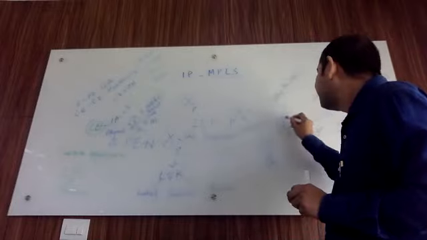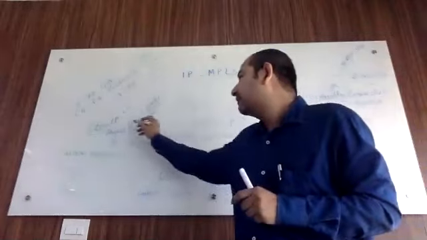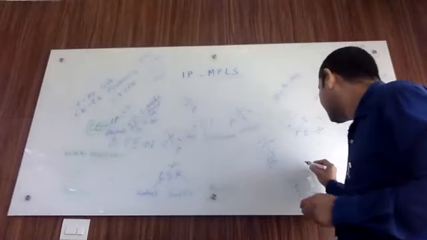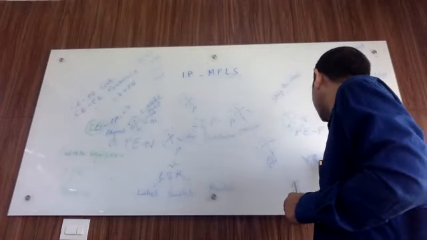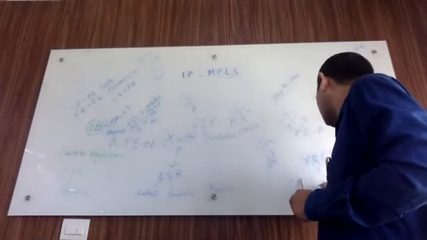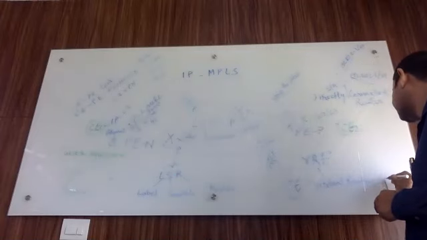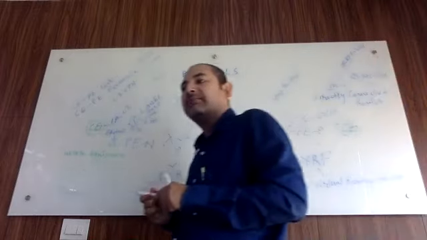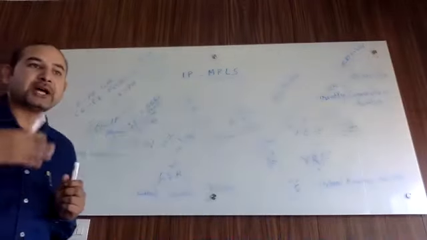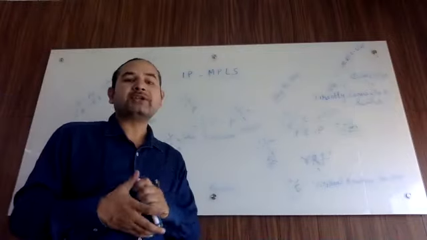So this PE is divided virtually, and this division of PE is done in the form of VRFs. VRF is called virtual routing function. So PE is divided into multiple small per-customer slices, and that slice is called VRF.